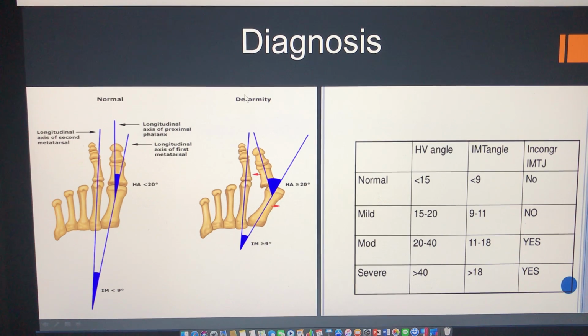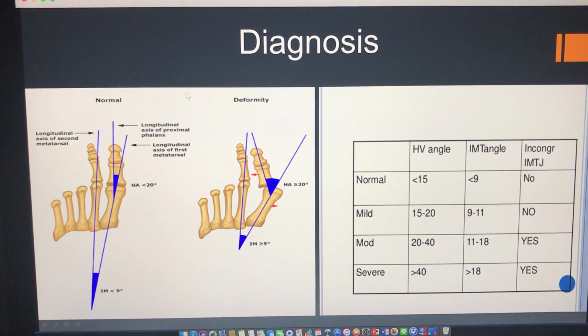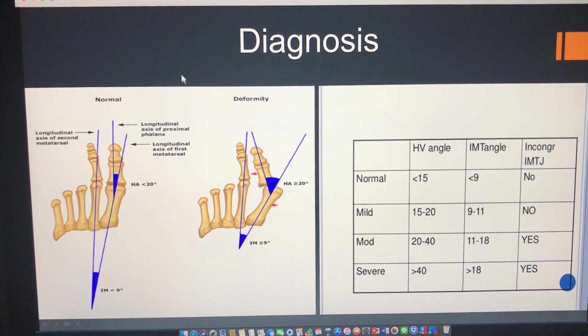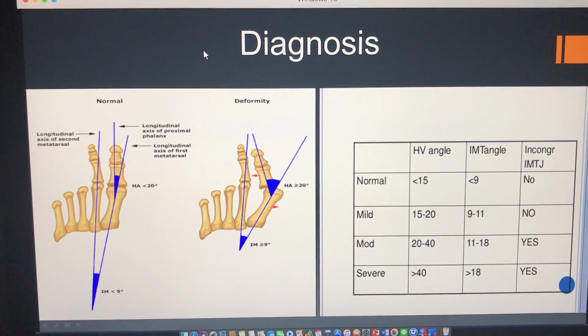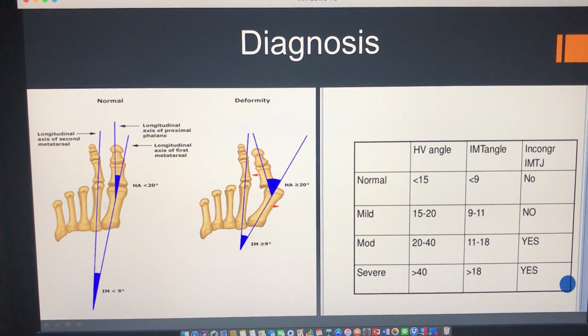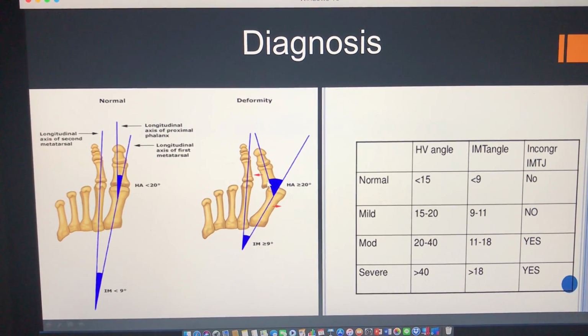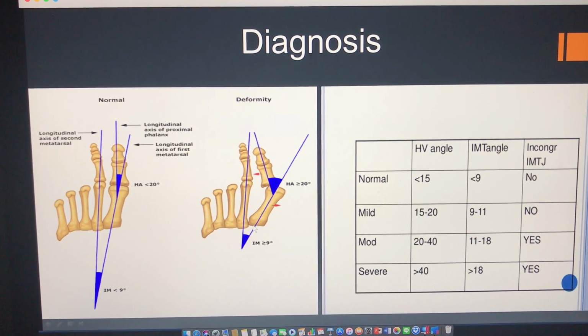For diagnosis, after we see the patient with the clinical picture as I showed in the previous slide, we usually measure the angle from the x-ray. The commonly used angle we call the Hallux valgus angle. So we use the axis of the proximal phalanx and the axis of the metatarsal bone.